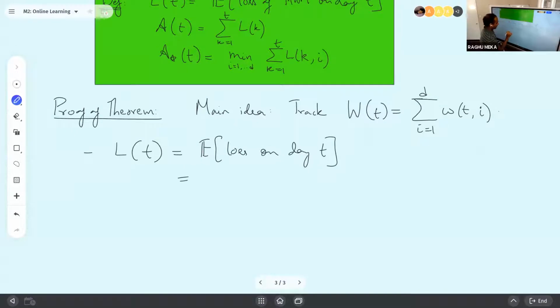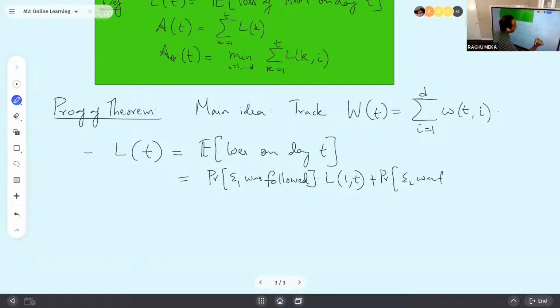We can think of the meaning of expectation as the probability expert 1 was followed, times the loss of the first expert on that day, plus the probability expert 2 was followed, times L of 2 comma t, plus so on.